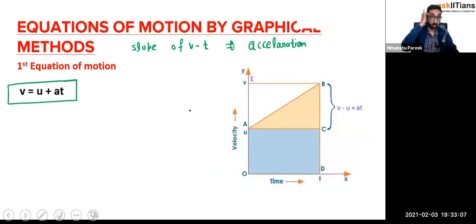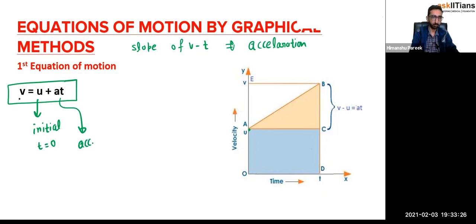Now what is v here? Let's say at t equal to 0 the velocity is u, so u is the initial velocity. a is the acceleration, I am writing the short form ACC. v is the velocity after time t, or you can call it the final velocity.